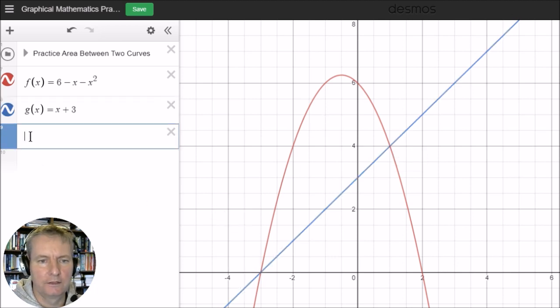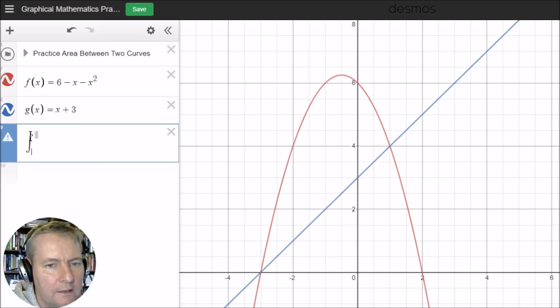So we can do this in the graphical calculator. We can type in int, for integral, and you'll see the integral sign appearing. And you can put the limits in. So the limits are minus 3 and a value of 1. And we're going to have the function, we said f of x minus the g of x.